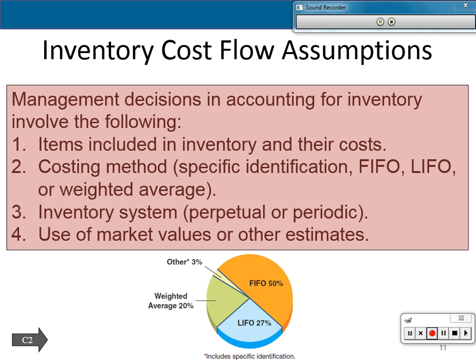And I'll show you an example of that in a minute. If you look at this graph down here, this is probably the percentage of companies right now in the US that use LIFO versus FIFO, because it's probably more beneficial for them to get whatever came in first, out first.